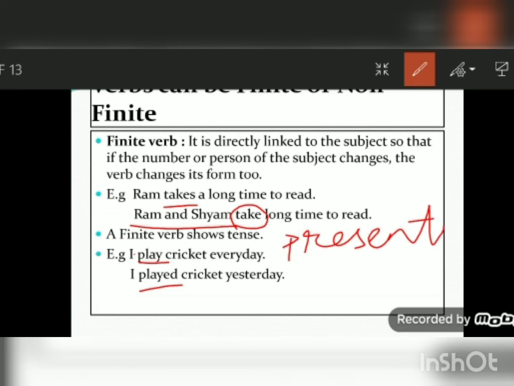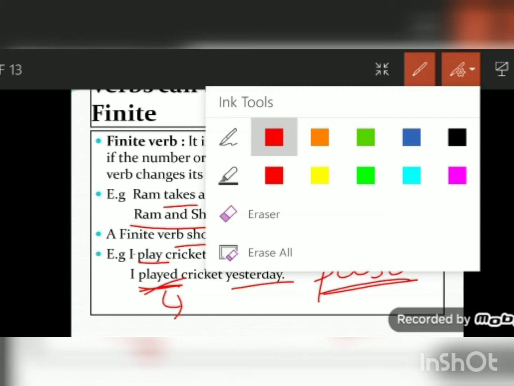It talks about past tense. So here the past tense form of the verb play, that is played, is used in the second sentence. So the finite verb shows tense.